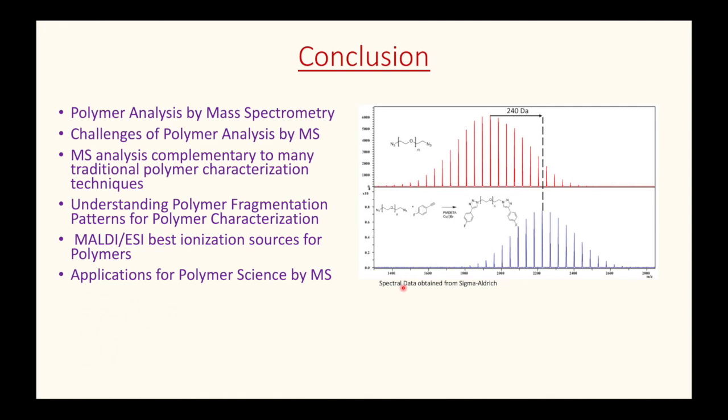So at the end of the day, there's still a lot of need to expand our research capabilities, and I certainly believe that mass spectrometry can help us advance the field of polymer science, discover how to synthesize new materials, and learn more about the underlying mechanisms that influence polymer properties.